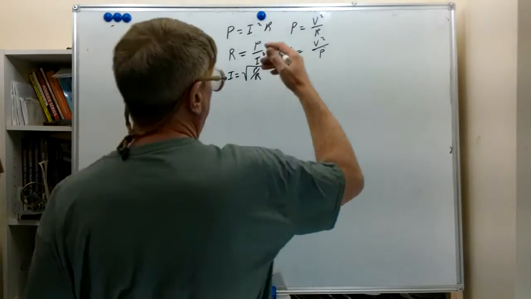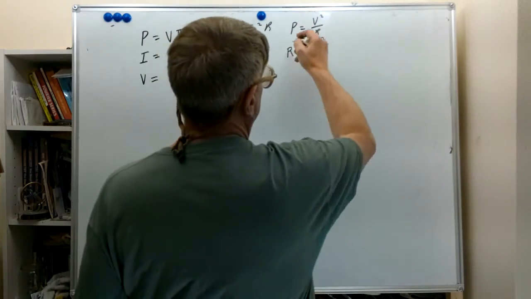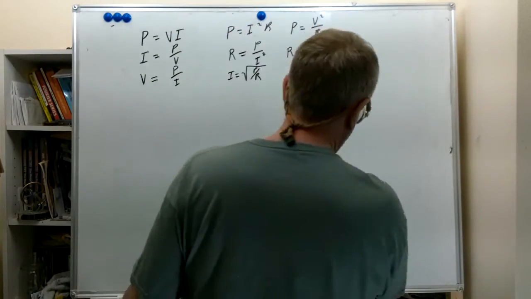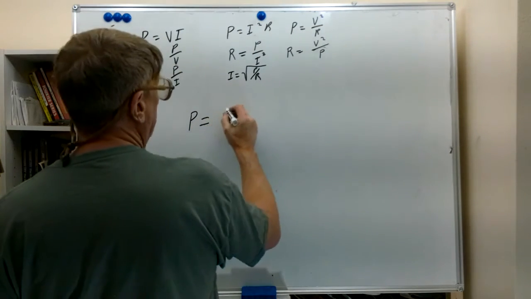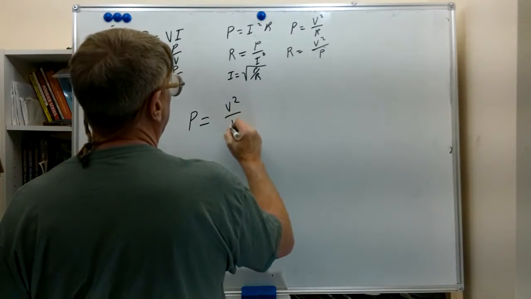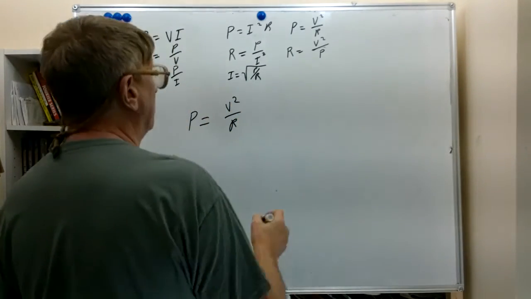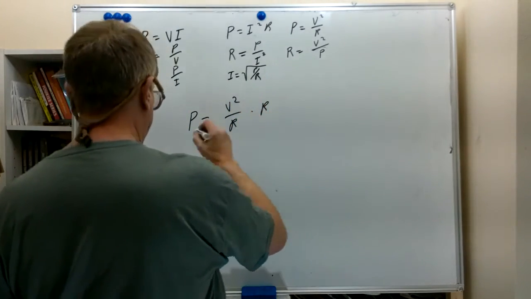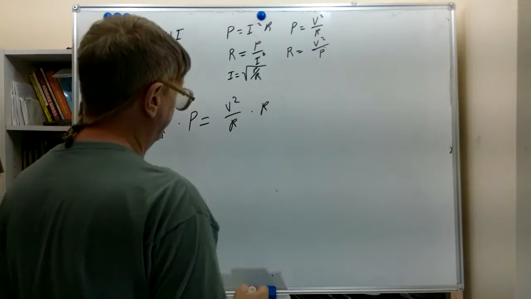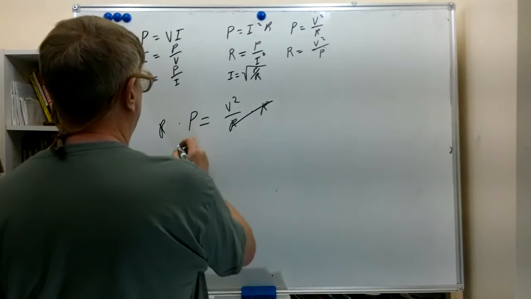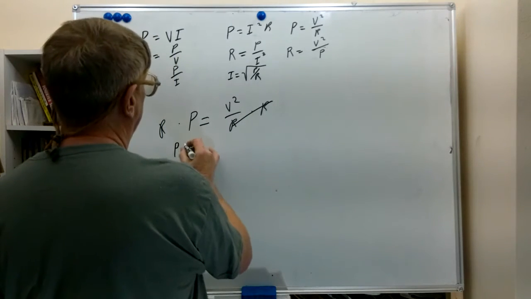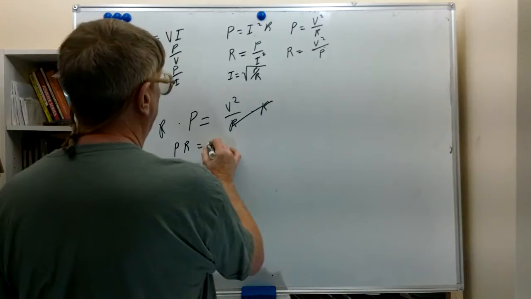We want to solve this same thing for voltage. So I'm going to do that down here. Just power equals voltage squared over resistance. So we're going to multiply both sides times R. These R's cancel. This just becomes RP. Power times resistance equals voltage squared.